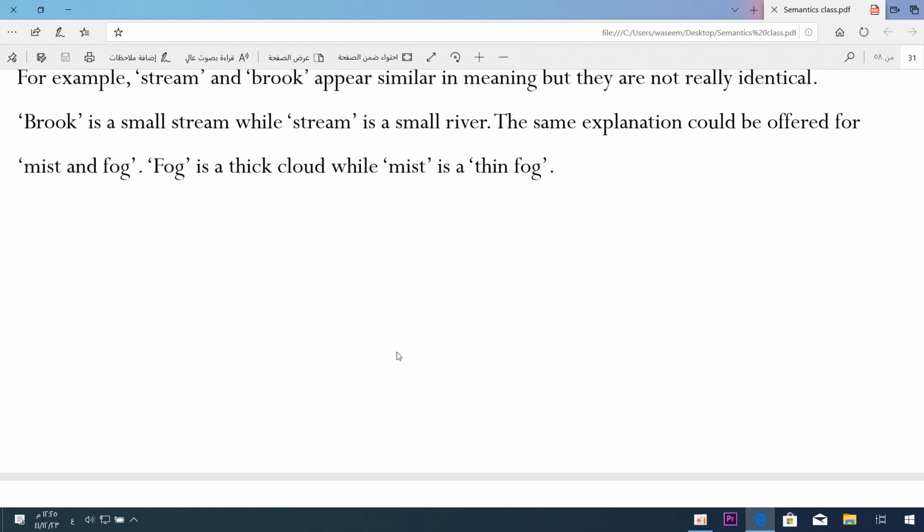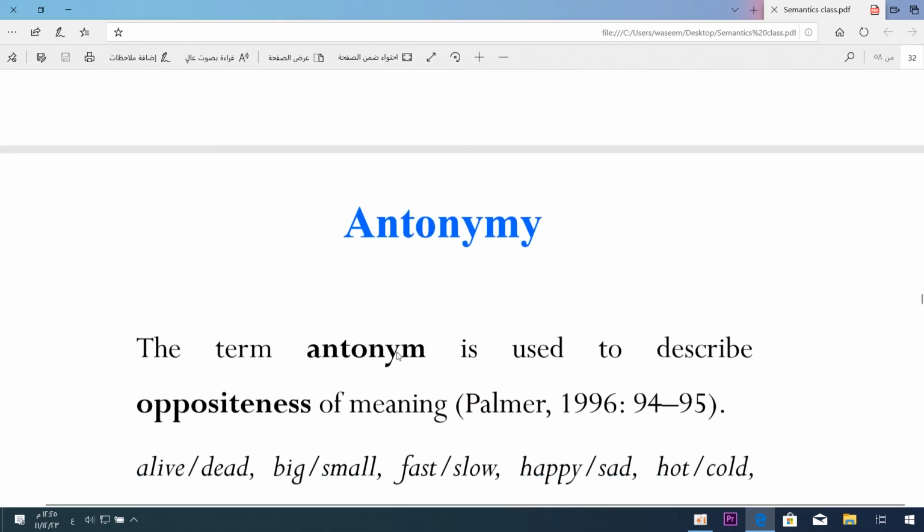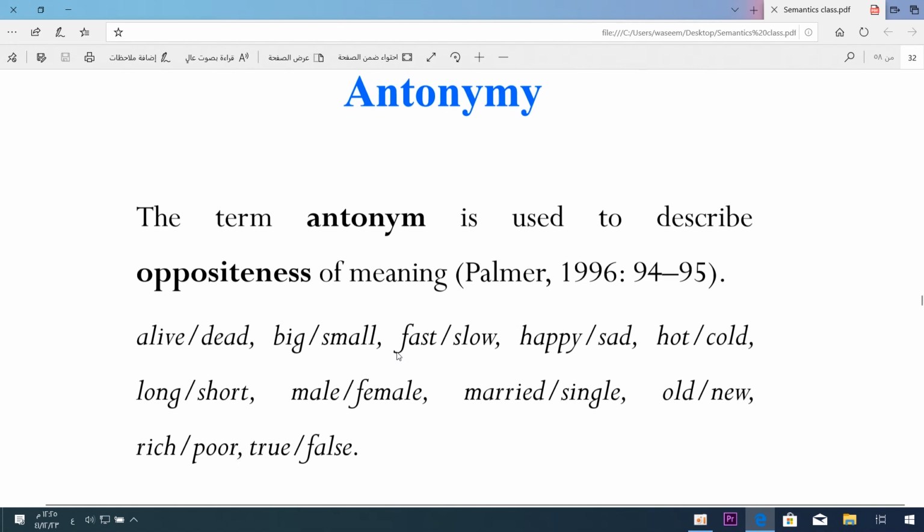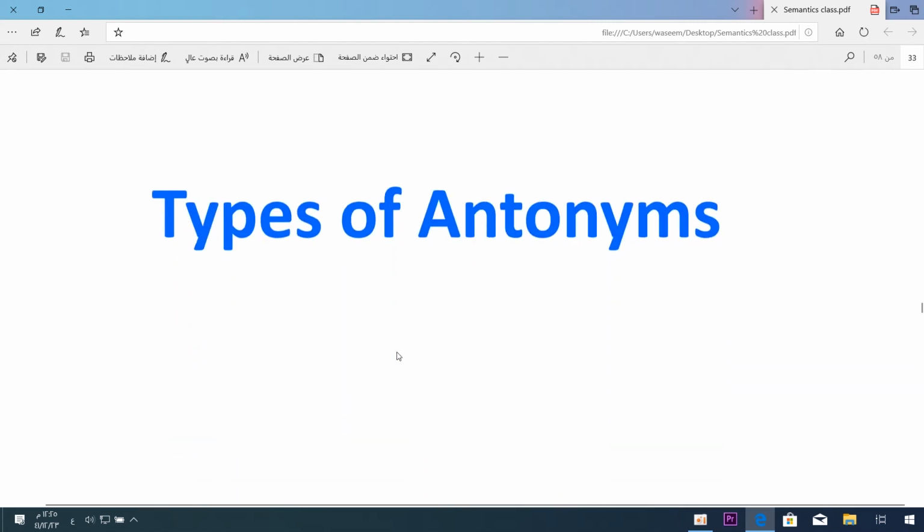And now antonymy. The term antonym is used to describe oppositeness of meaning. We have words like alive, dead, big, small, fast, slow, happy, sad, hot, loud, long, and so on. Types of antonyms, I explained this last time. We have implicitly gradable pairs, graded antonyms.